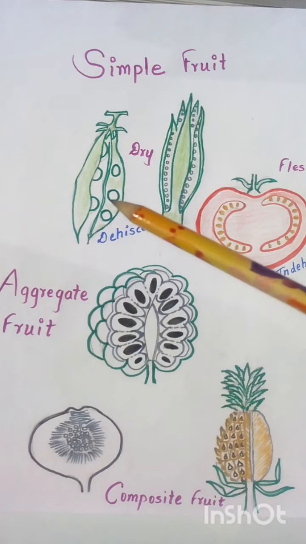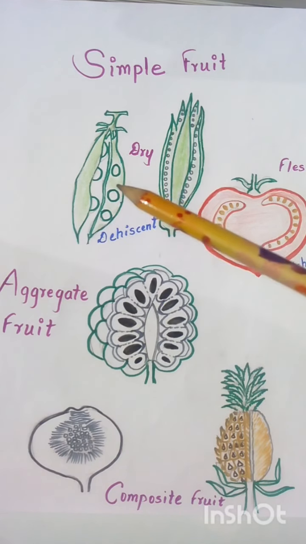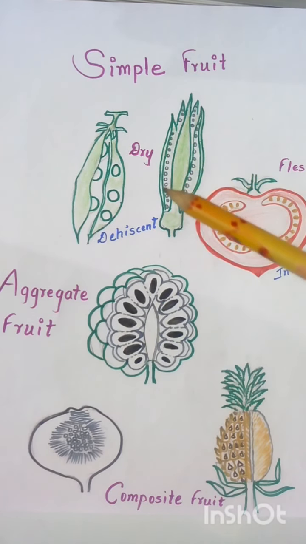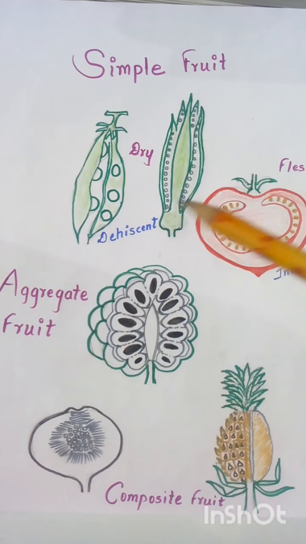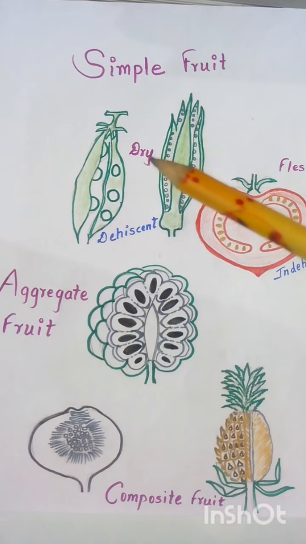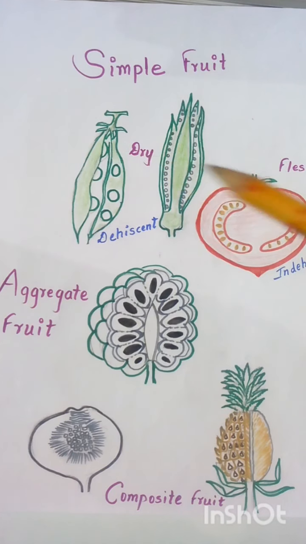See these round structures, these are the pea seeds. Then these lines of seeds are the seeds of lady's finger, and these are the seeds of tomato. Now these two belong to dry fruits, whereas this belongs to fleshy fruits.